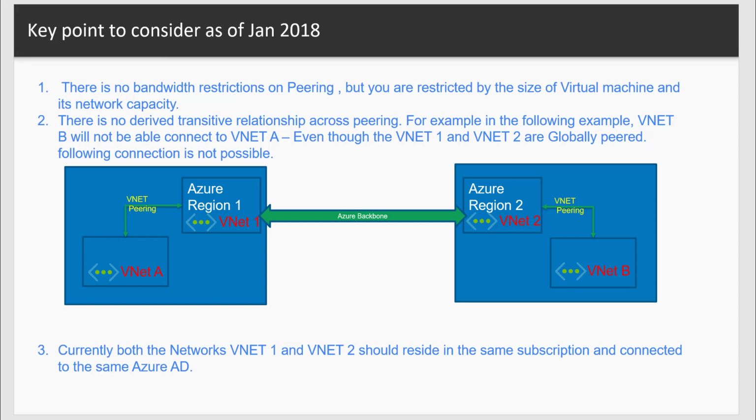And the last point is that all the resources using global VNet peering, in this case virtual networks, should all reside in the same subscription, and they should also be attached to the same Active Directory.